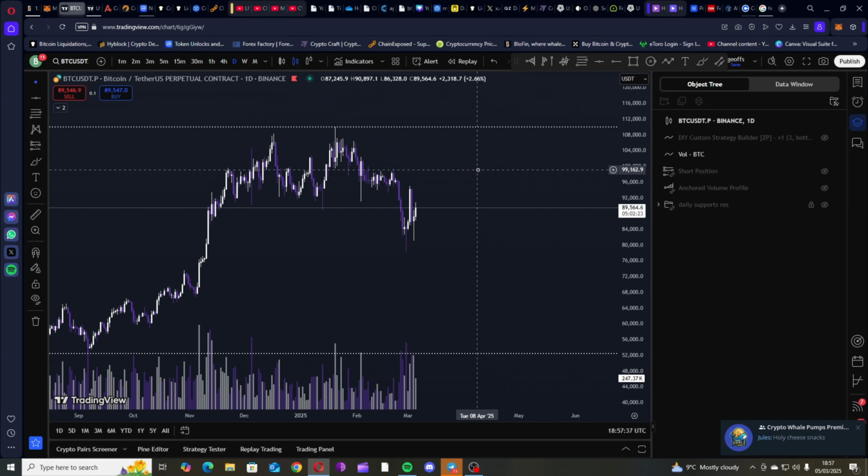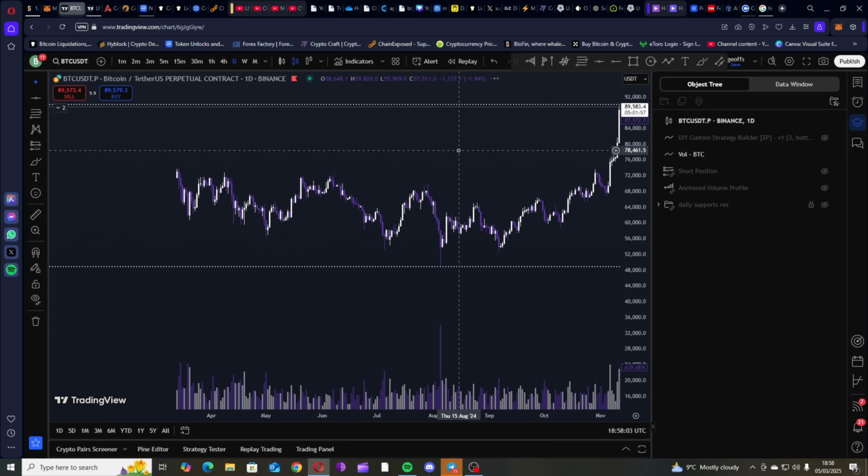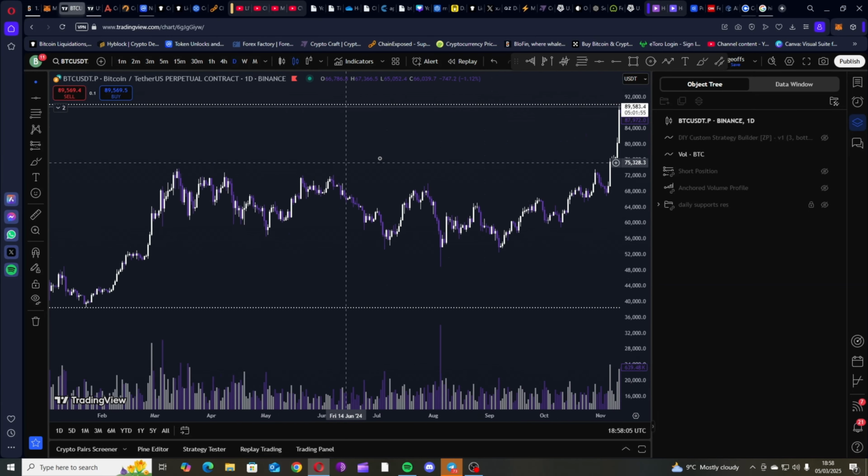So what we're going to be looking at here is certain areas of interest where people have bought and people have sold. Okay? We can make it so simple because there's a lot of new people that seem to struggle with trading. You know, I probably won't even do recent price action. Let's go to where we had all this chop here.